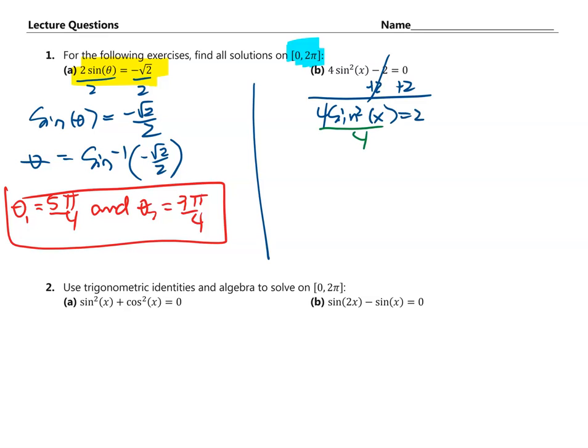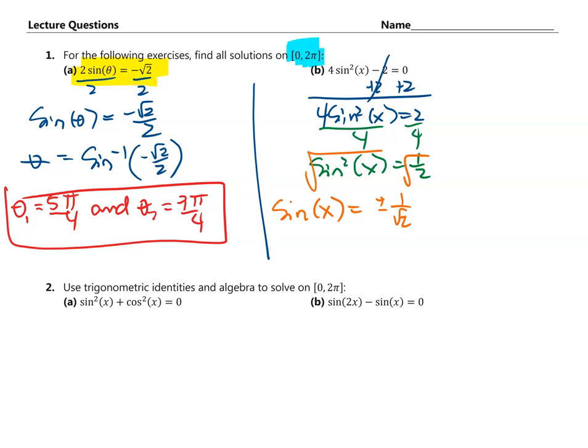Then divide both sides by 4, so that we have sine squared x is equal to 1/2. Then square root both sides, so we will have sine of x is equal to plus or minus 1 over square root of 2.